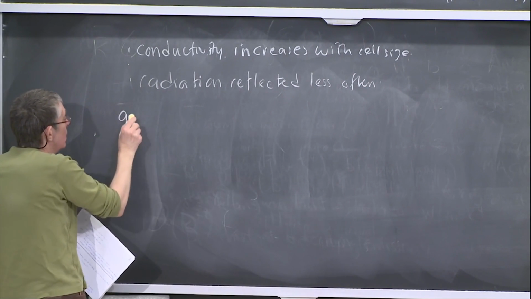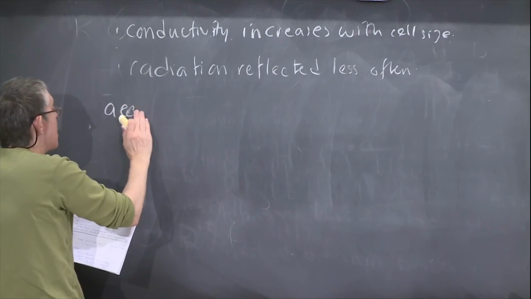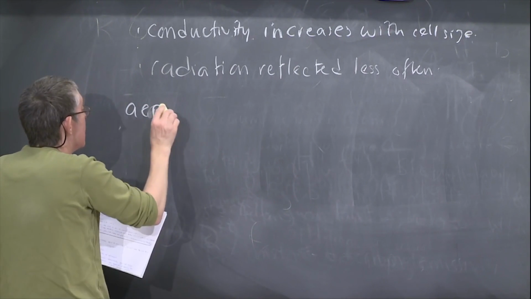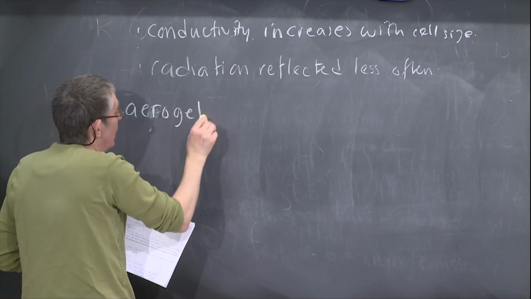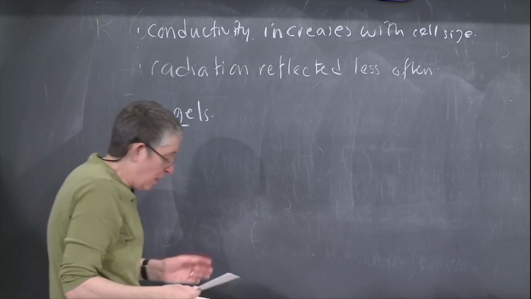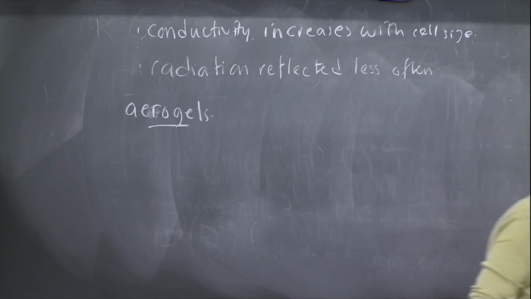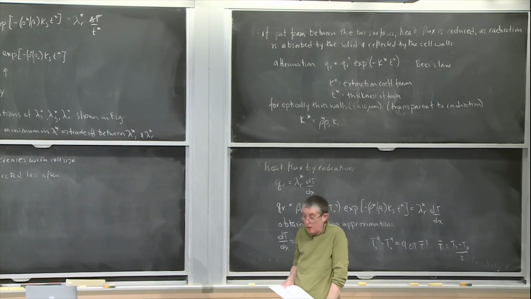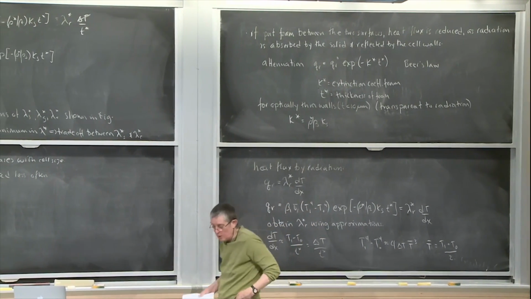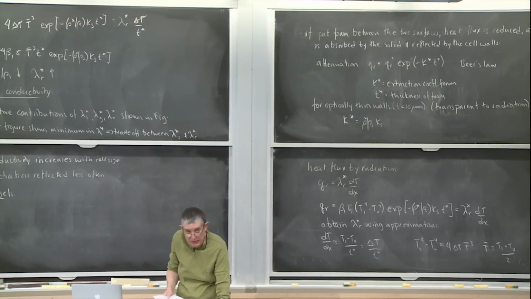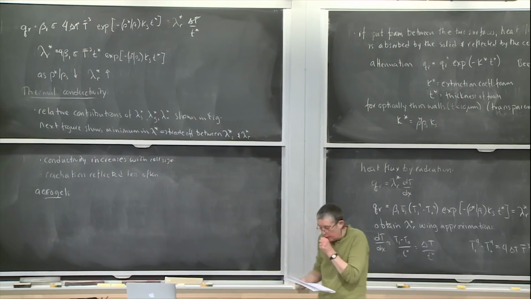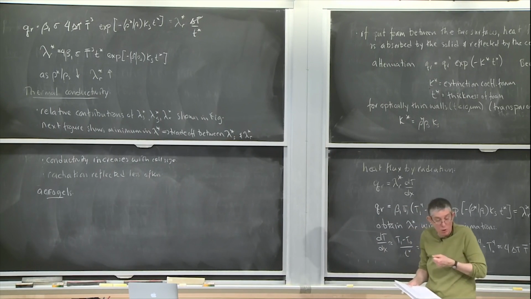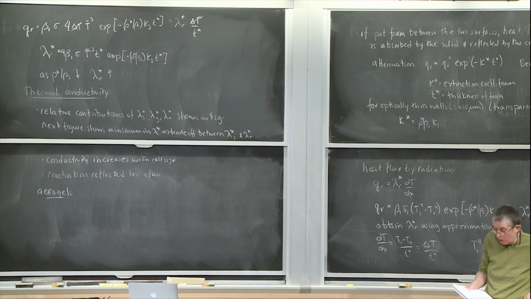One thing I wanted to mention with the cell size is aerogels. The way aerogels work is that they have a very small cell size, a very small pore size, typically less than 100 nanometers. And the mean free path of air is 68 nanometers. The mean free path is the average distance the molecules move before they collide with another molecule.